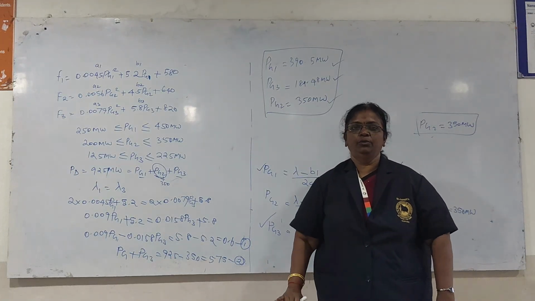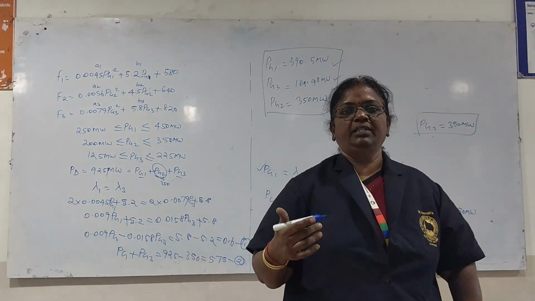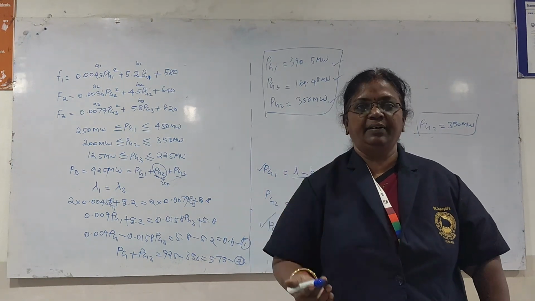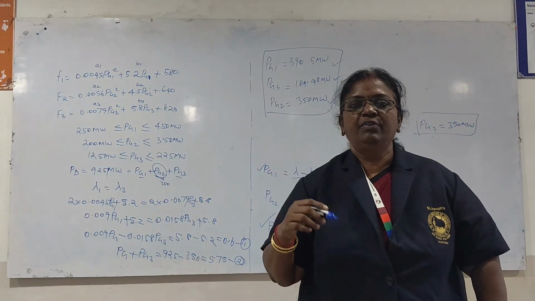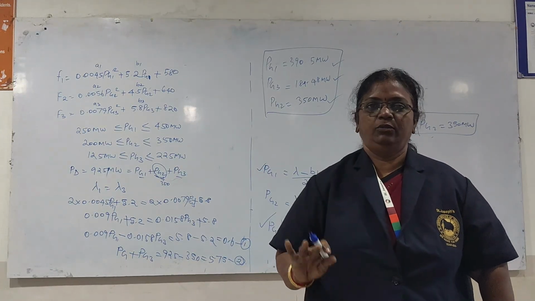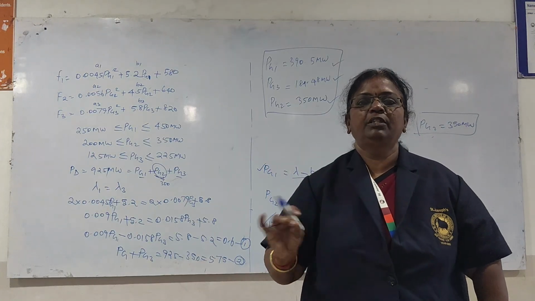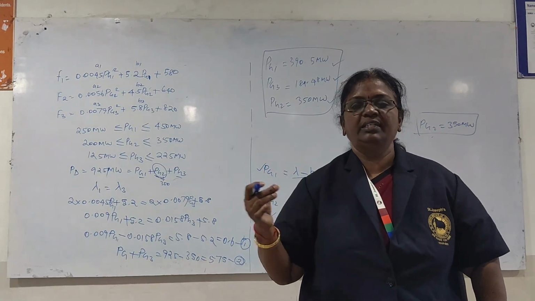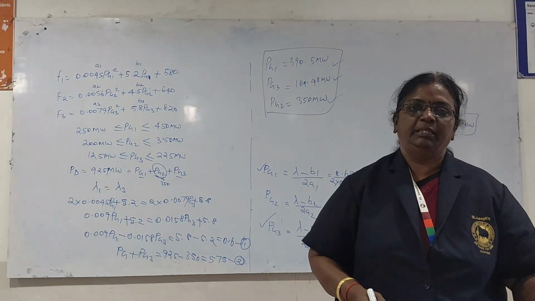So this is how we have to solve the given problem using the cost equations and the generating limits for the total load, without considering the losses. These are the problems based on economic dispatch without considering losses, using the lambda method.